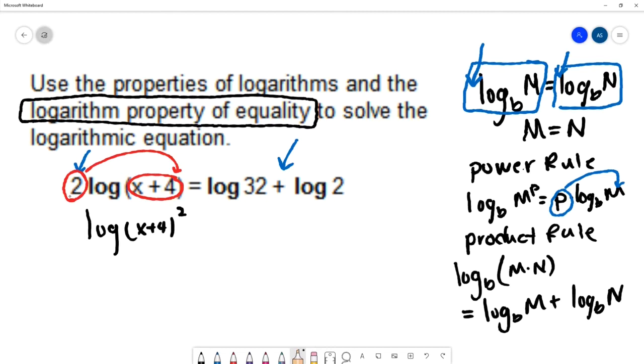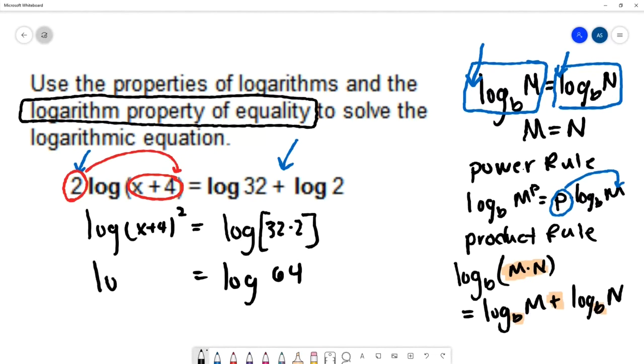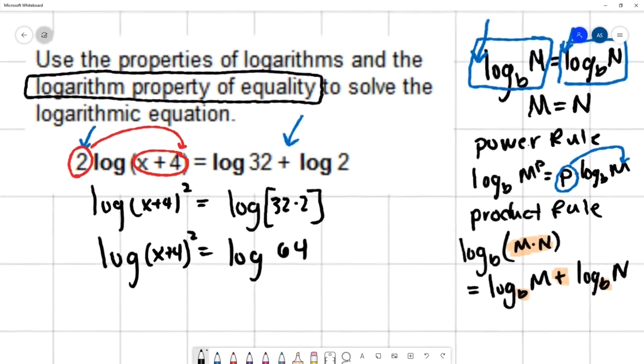So having these logs with the same base added together means that we can condense them to a product. So condensing them to a product would be log of 32 times 2, which is log of 64. So we have log of x plus 4 squared equals log of 64.